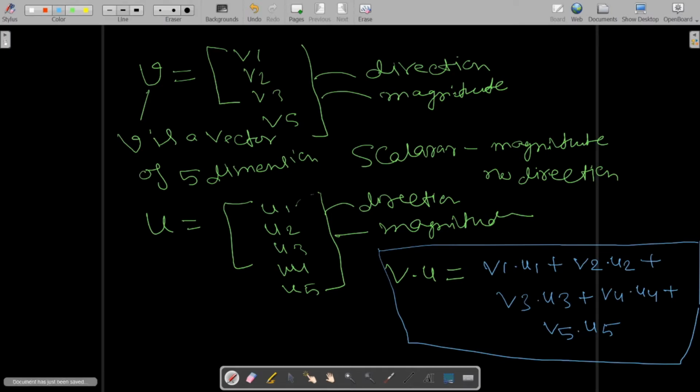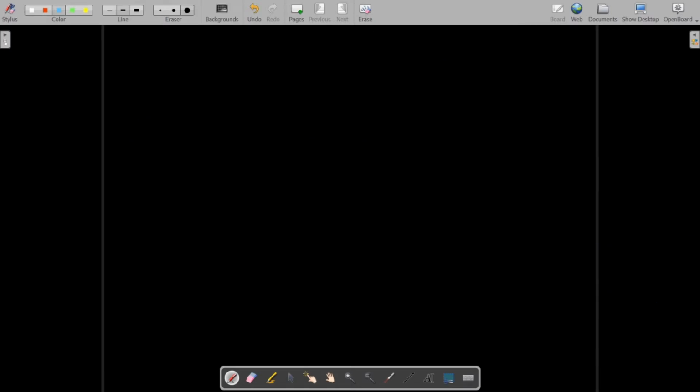Let's take one example for this dot product of two vectors. We have a vector v, the elements here are 1, 2, 3, and then we have another vector u, the elements here are 2, 1, 0.